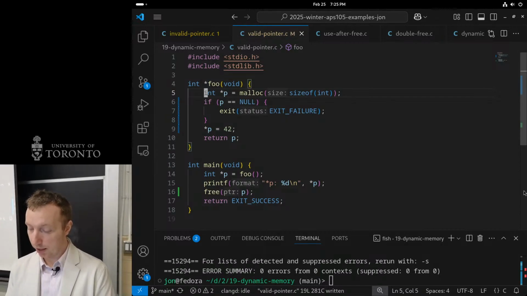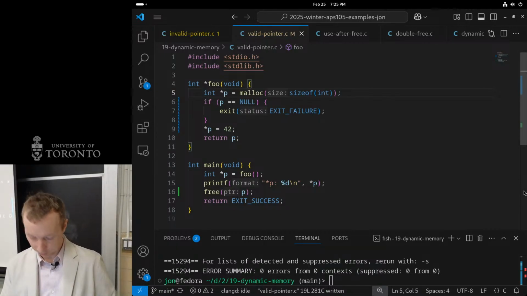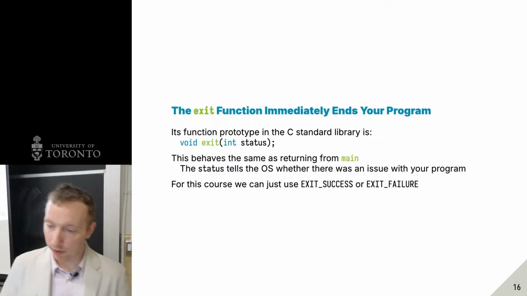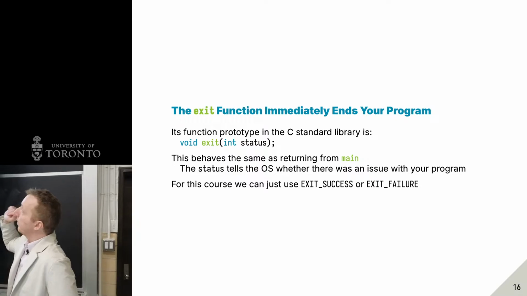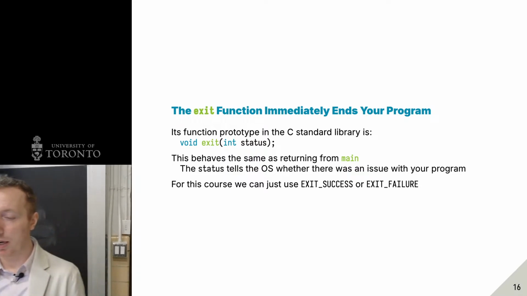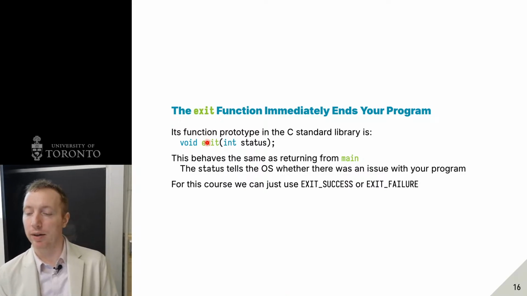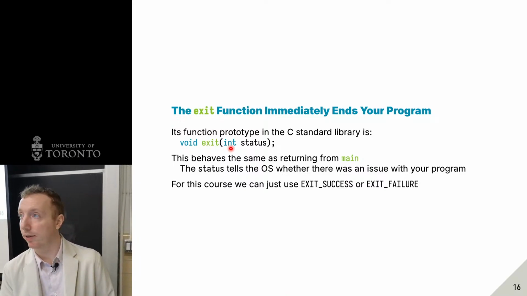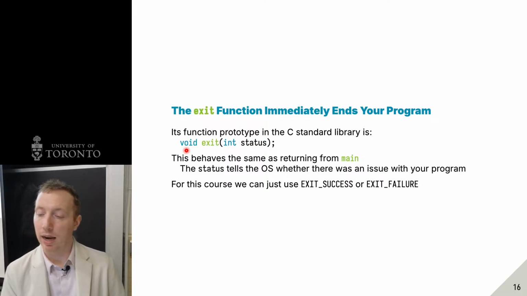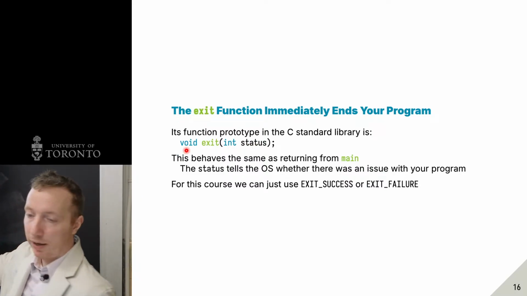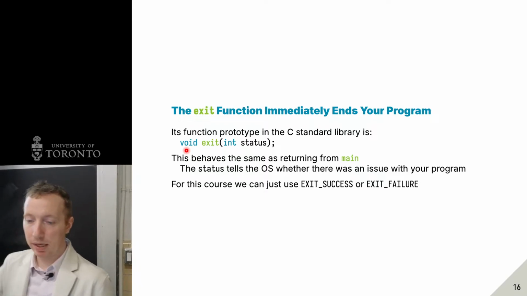So, programming defensively. Alrighty, again, that exit function immediately ends your program. The function prototype in the C standard library is a function called exit, which takes a single integer called status, and the return type is void because this function never returns, right? Your program just immediately ends.